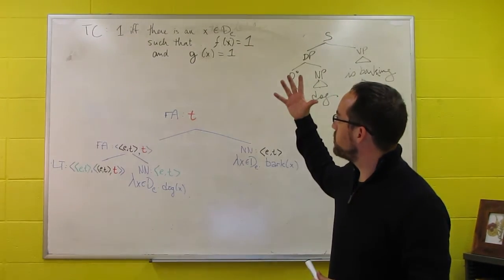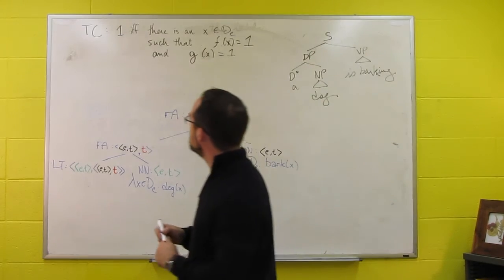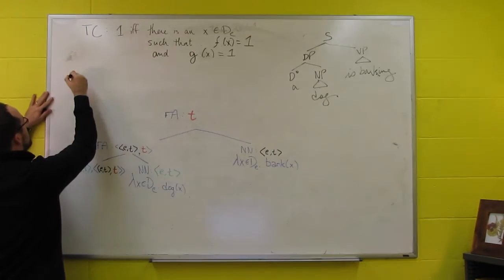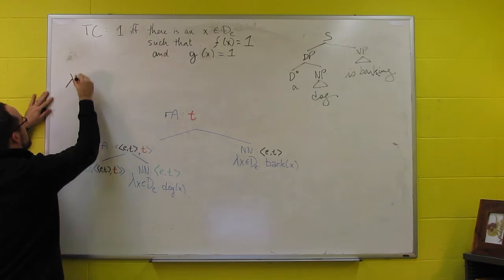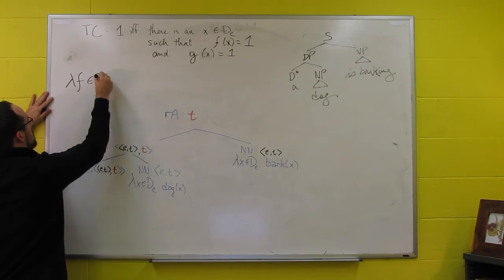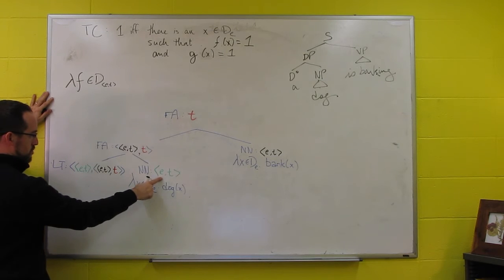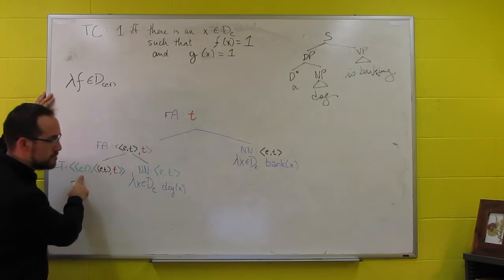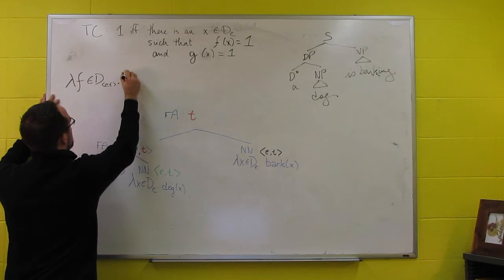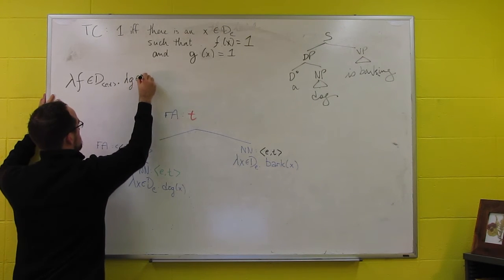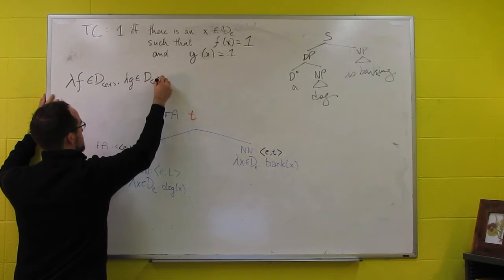So right, we have these two different meanings, and what we want then is lambda f in d sub et. We want lambda g in d sub et.